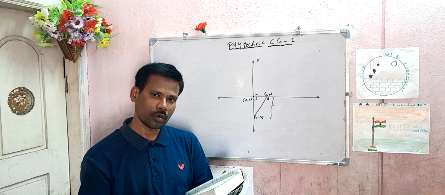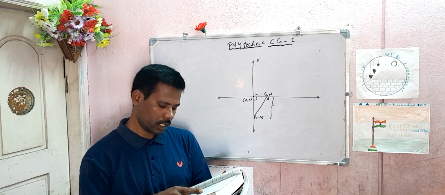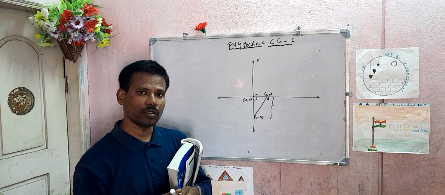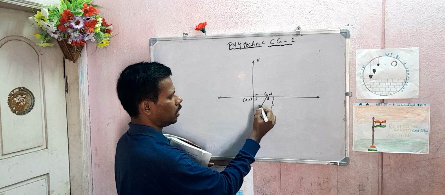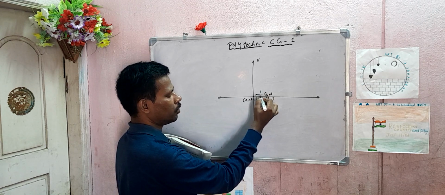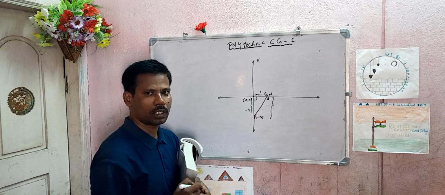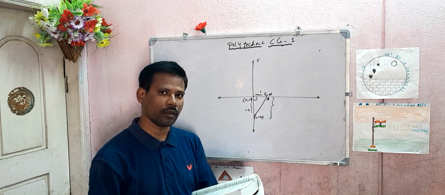So isosceles is ruled out, equilateral triangle is ruled out, right angle triangle and right isosceles. Right isosceles means two sides will be equal. Here, observe, what is the distance from here to here? 1. What is the distance from here to here? 4. So that is also ruled out. So it is nothing but simply right triangle.